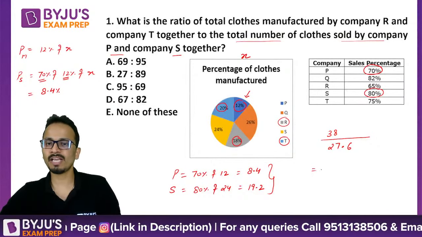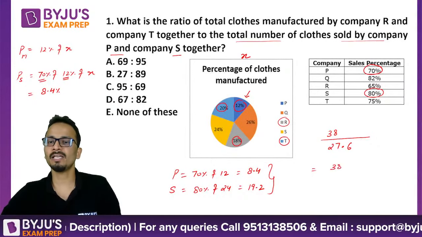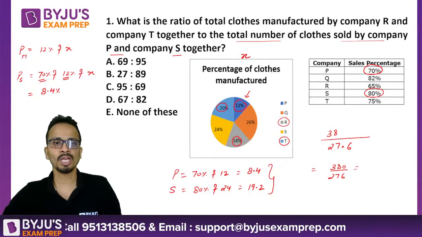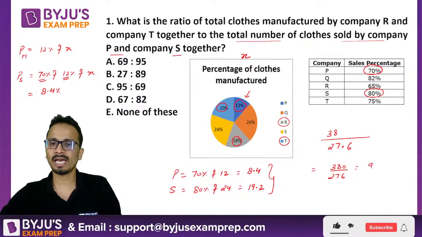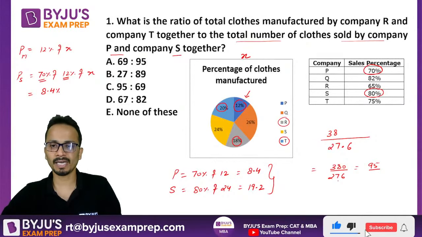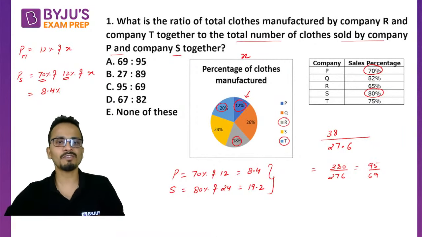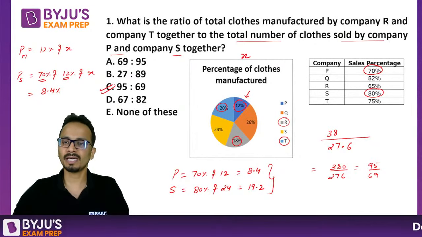सो द रेशियो दैट वी हैव टू कैलकुलेट इज 380 डिवाइडेड बाय 276. 4 कैंसिल कर लेते हैं. सो 95 डिवाइडेड बाय 69. So 95 upon 69 will be the correct answer.